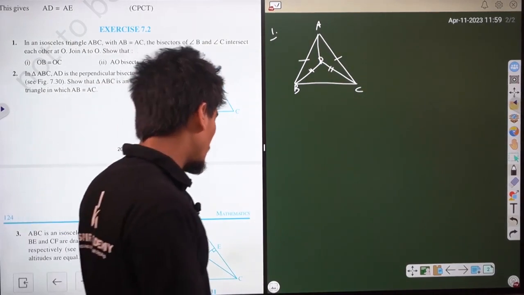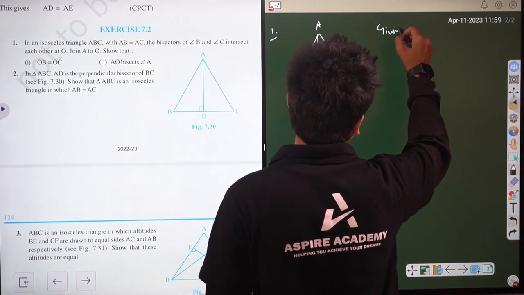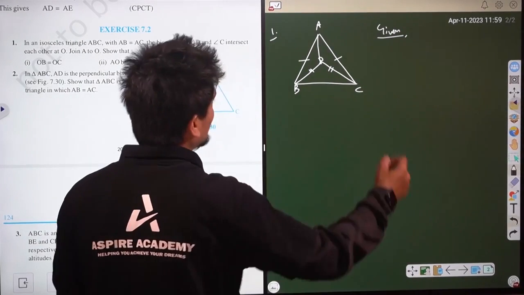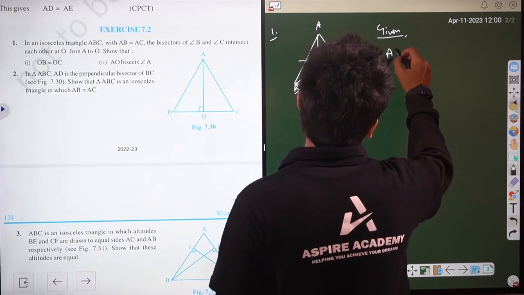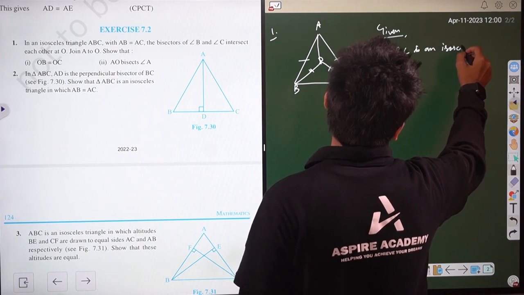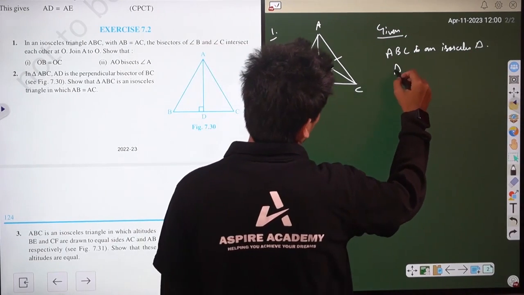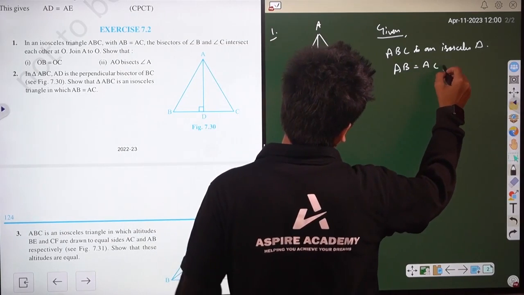Okay, now let's do it. First of all, write given. What is given? Given ABC is an isosceles triangle, where AB is equal to AC.